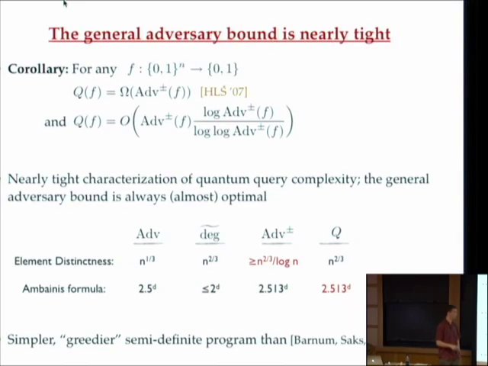For the element distinctness problem, because the adversary bound is nearly tight, it must be at least n to the 2/3 over log n, because we had a lower bound of n to the 2/3, and actually there's a matching upper bound. I have no idea what the adversary matrix is in this case, but I know it has to give you a bound of at least n to the 2/3 over log n.